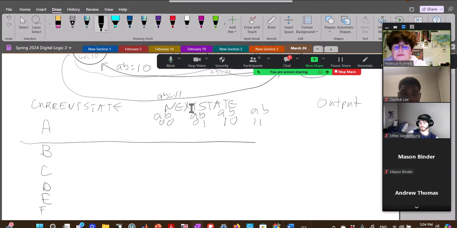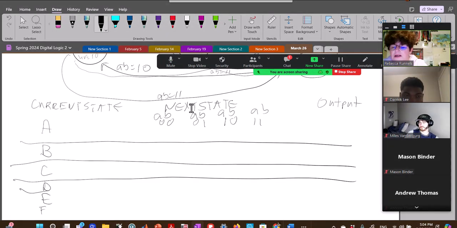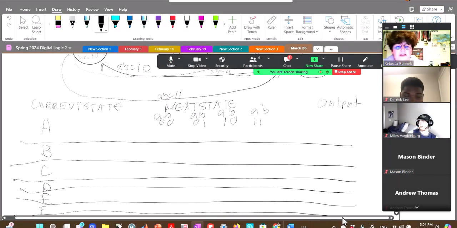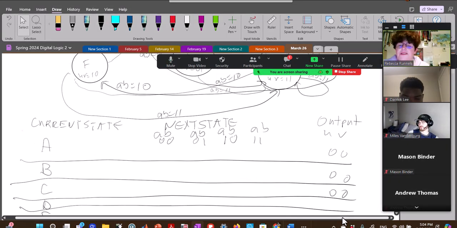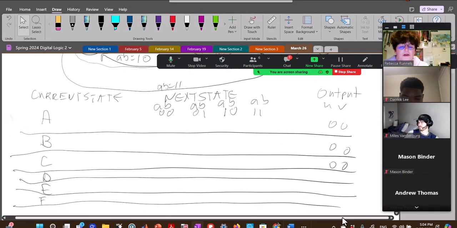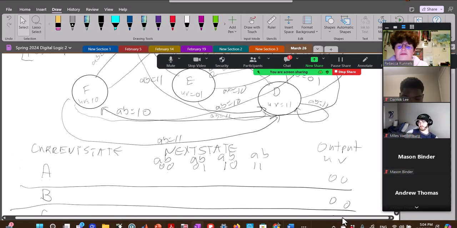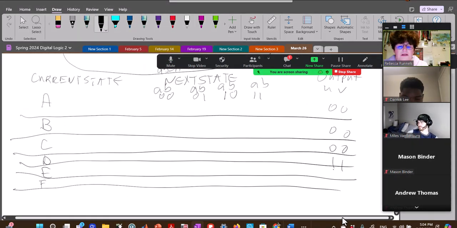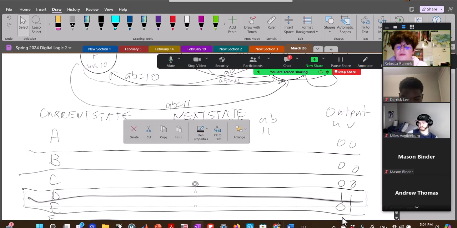And if you remember, for our first 3 states, our output UV was 0 0. For D, our output was 1 1. For E, our output was 0 1. And for F, our output was 1 0.